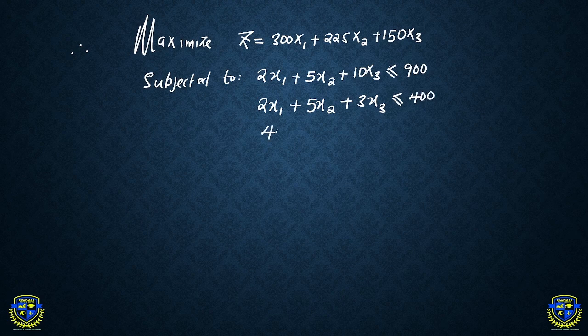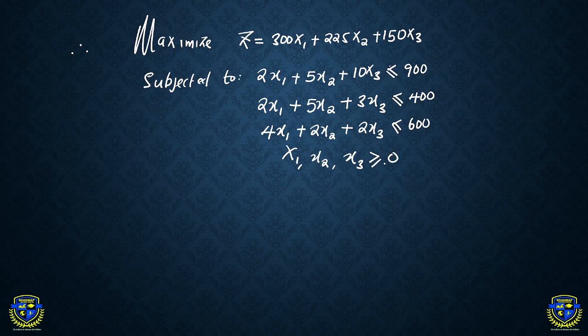Then 4x sub 1 plus 2x sub 2 plus 2x sub 3 should be less than or equal to 600. And the non-negativity, x sub 1, x sub 2, x sub 3 should be greater than or equal to 0.